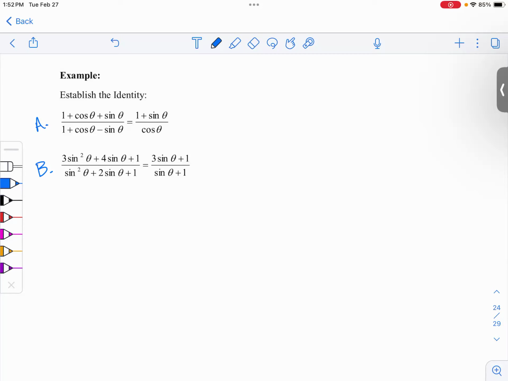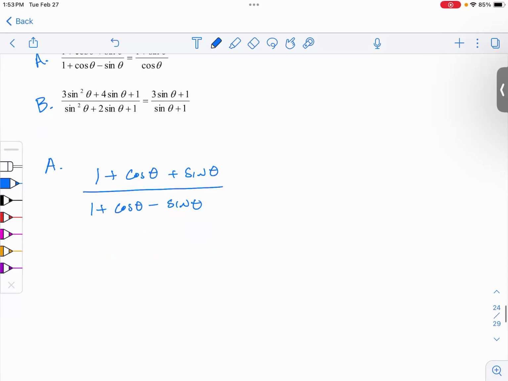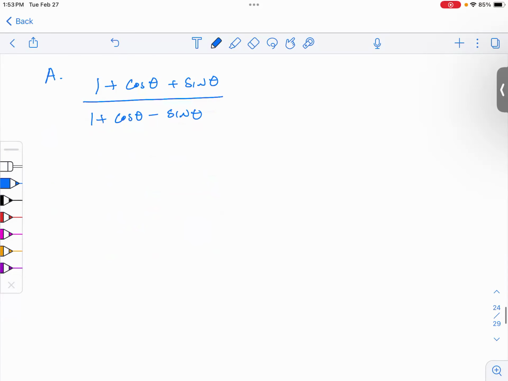So let's start with the left side. And notice that I basically ignore what it says on the right side for the moment.